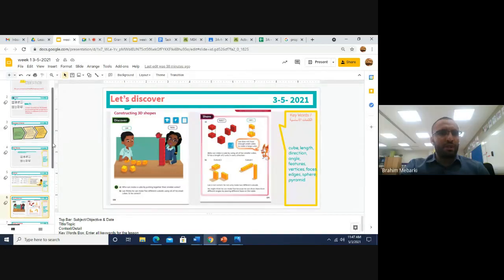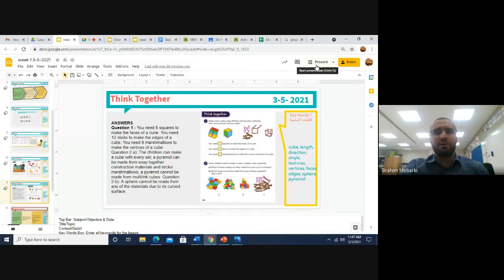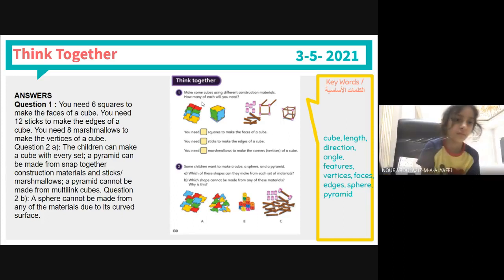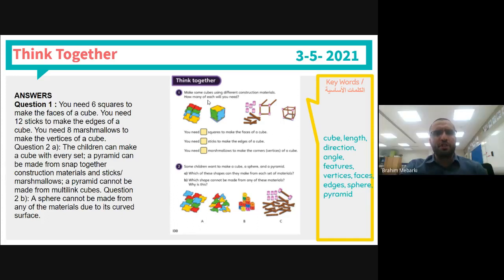Now it's time to think together about how to construct a cube. You're going to make some cubes using different construction materials. Now the question is, how many of which will you need? The materials that you need are squares.